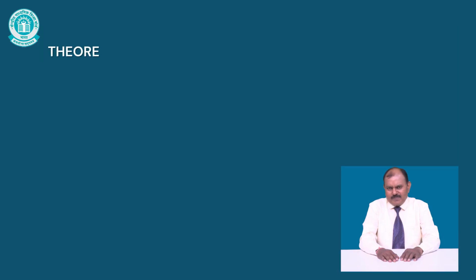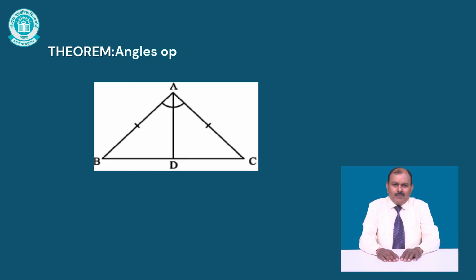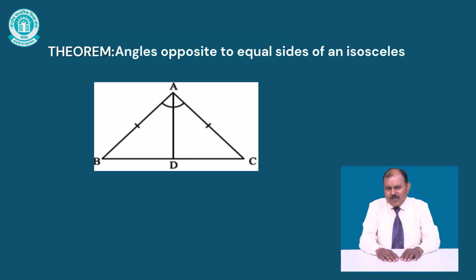Let us now apply the criteria of congruence of two triangles to prove a theorem. Angles opposite to equal sides of an isosceles triangle are equal.